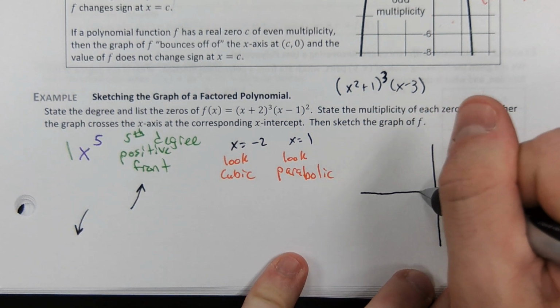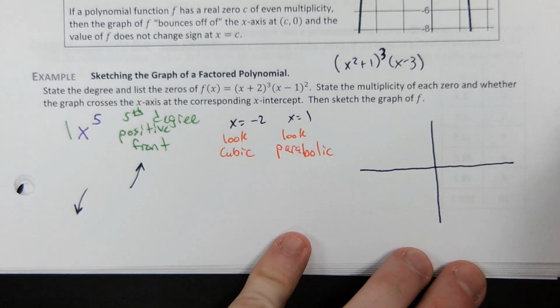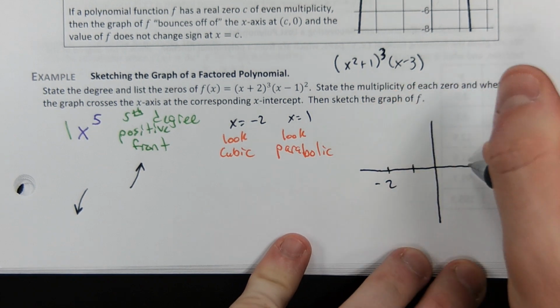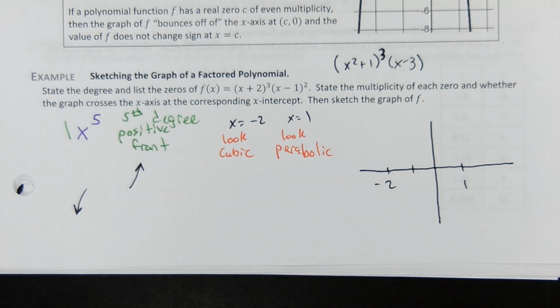I am not going to put any y values on the y-axis. How come? Because I don't care. That's why. They're not important. We're just trying to get a general idea of what this graph would look like. I know it's going to interact with the x-axis at -2 and at +1.